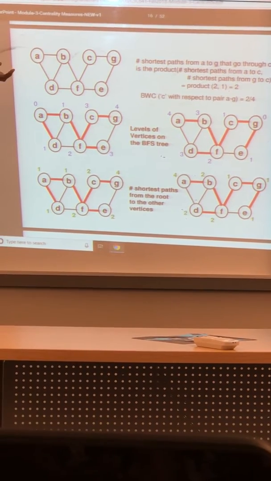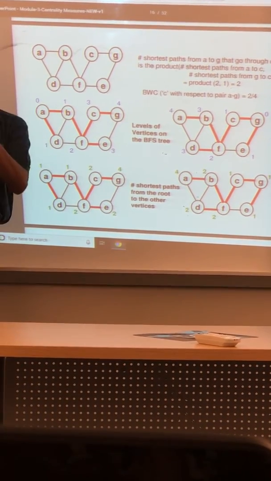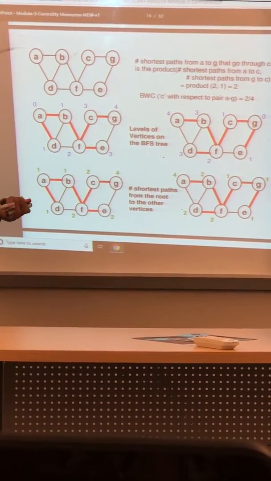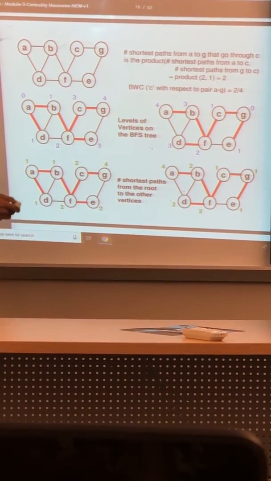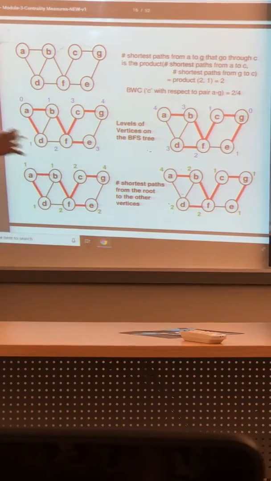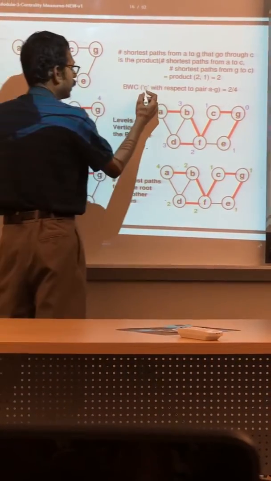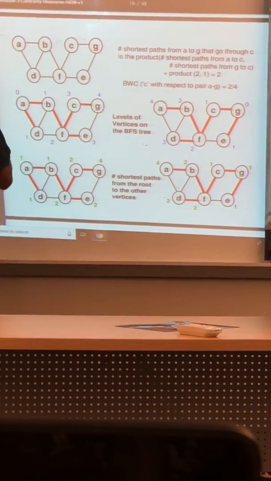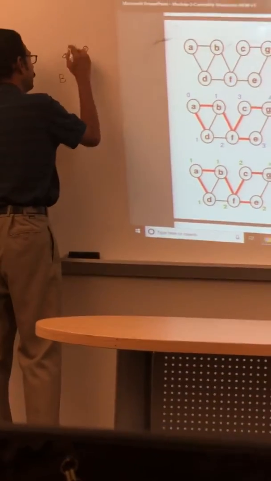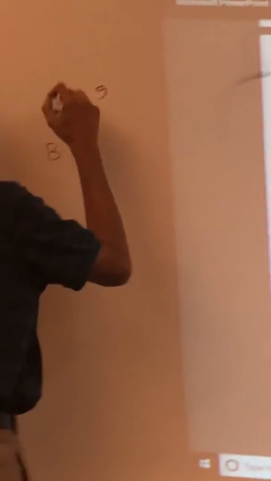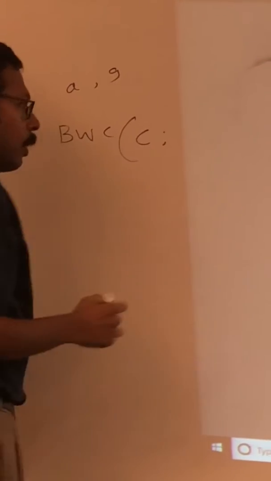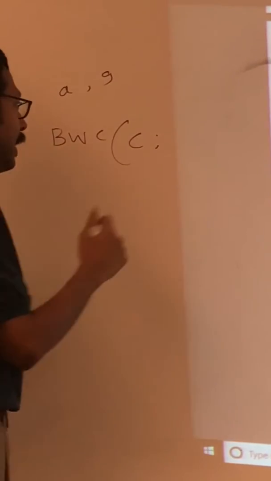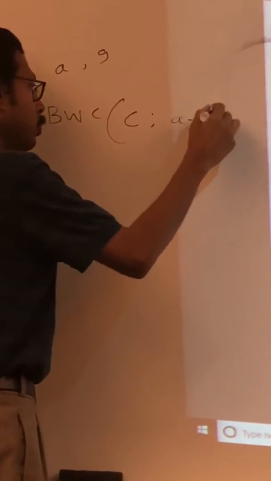Alright, so we are going to compute one of those fractions that we saw there. Of course, we can compute all such fractions using this approach. So here we are computing the betweenness centrality of the vertex C with respect to the pair AG.